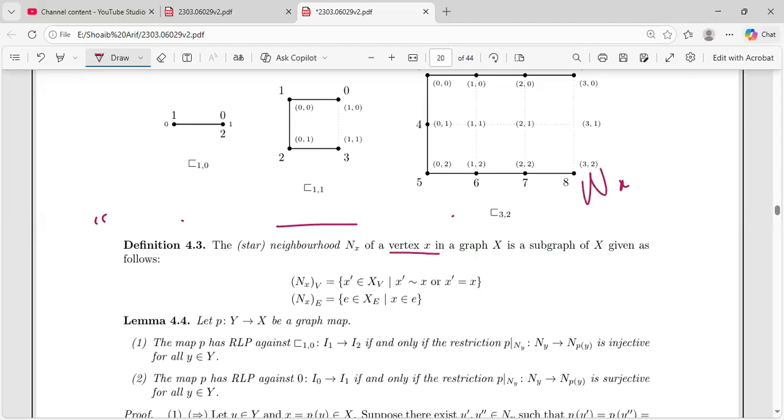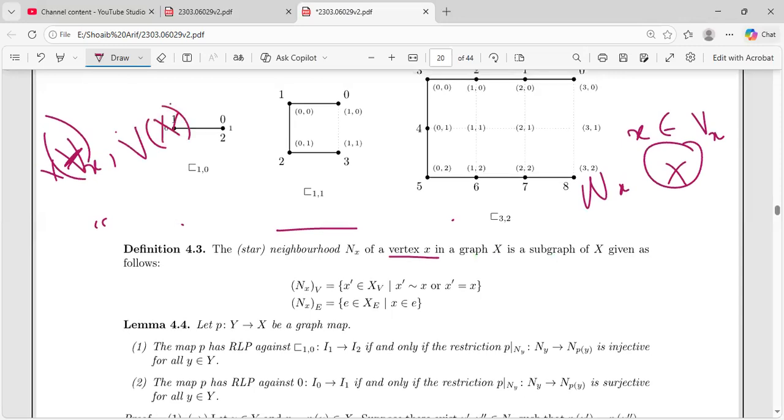Let there be a vertex x belonging to the vertex set V in a graph X, where X is a graph, basically an ordered pair of two sets, vertex set V and edge set E. The star neighborhood N(x) of a vertex x, which is a member of graph X, is a subgraph. It means N(x) is a subgraph of X.